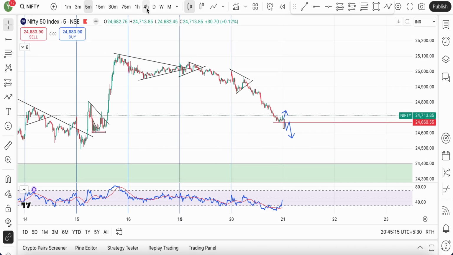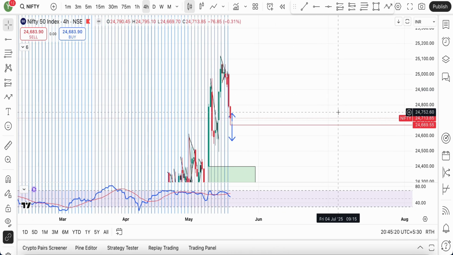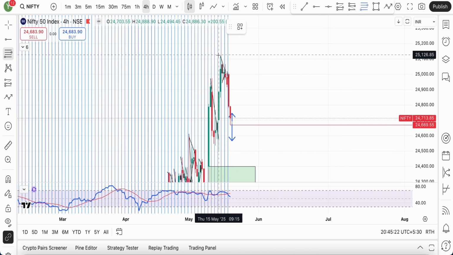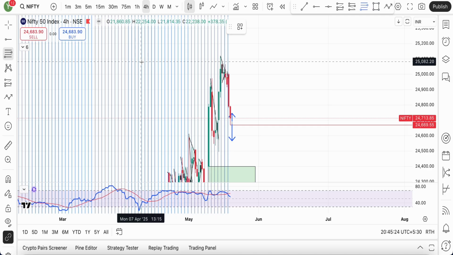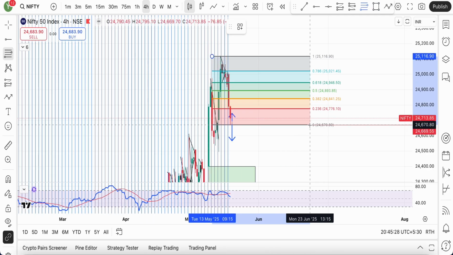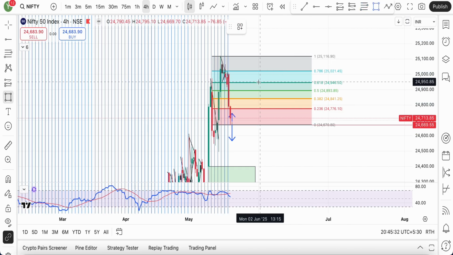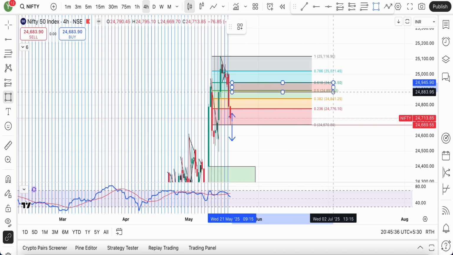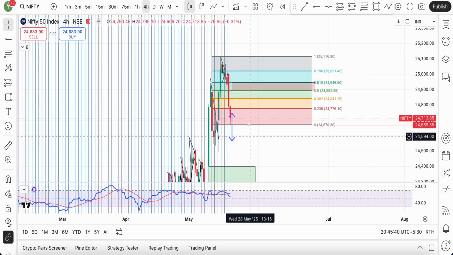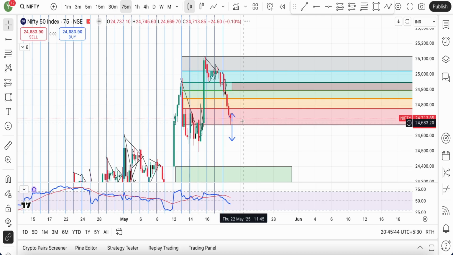For any long side trade, for example, what we can do is connect this high with today's low, and once again mark this particular zone, 0.5 to 0.618, in case the market structure has to change on a smaller time frame, not on the daily time frame, but on a 4 hour, hourly, 75 minute time frame.